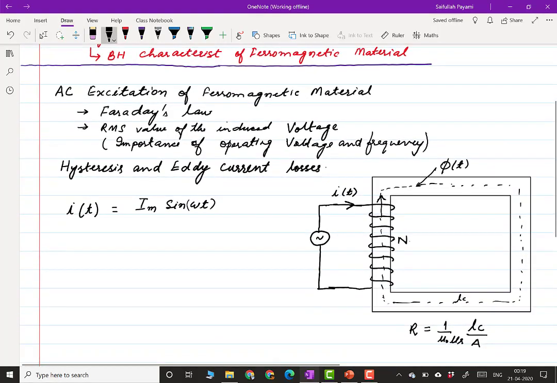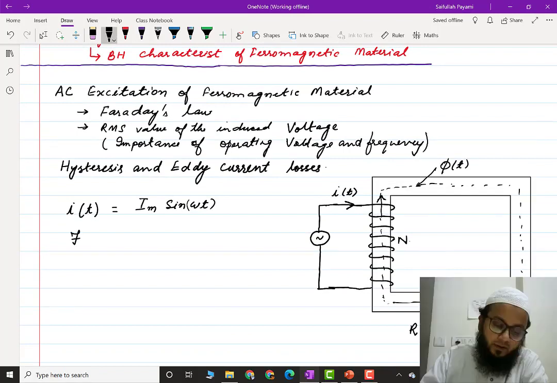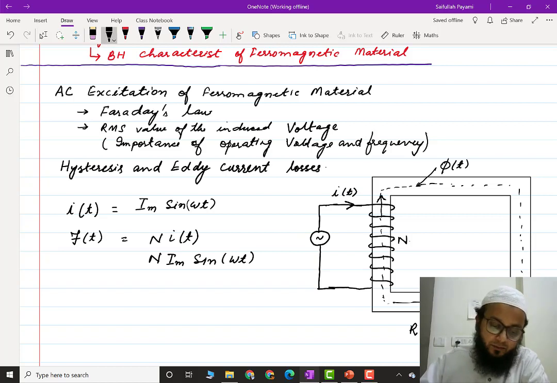So what about the MMF? MMF would be N times i(t), which is N Im sine omega t. So if MMF is known, obviously this flux phi t would be MMF upon reluctance.